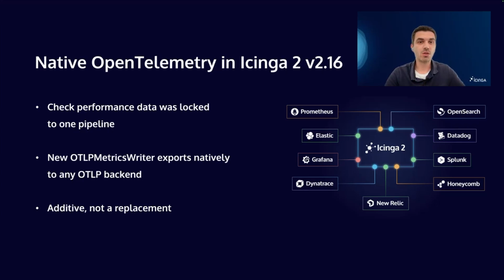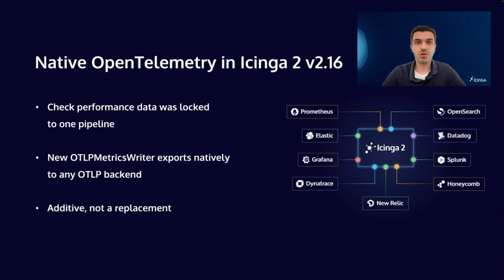Those tools work, but they tend to lock your metrics into one specific pipeline. If you also wanted that data in, let's say, VictoriaMetrics or Grafana Mimir, or correlated next to your application traces, that meant custom bridges, extra scripting, extra tooling, or just going without it.